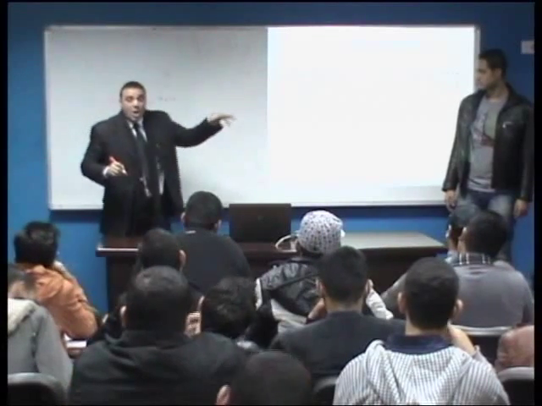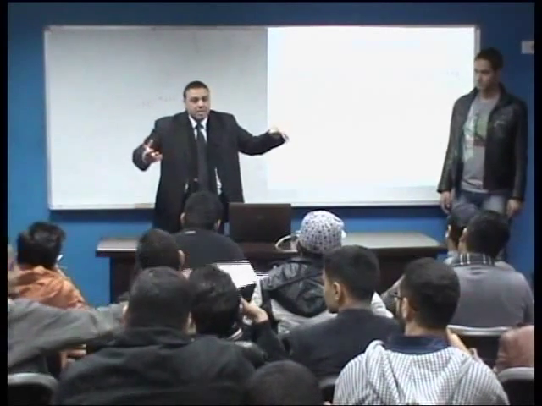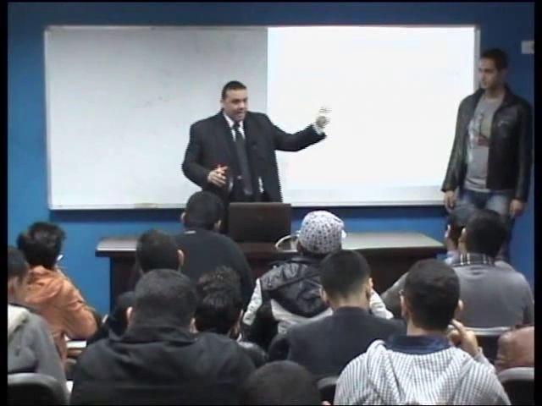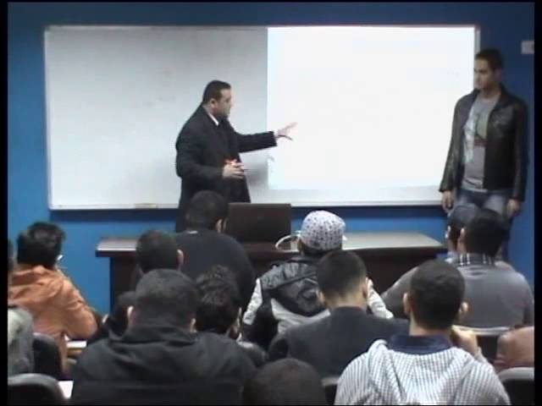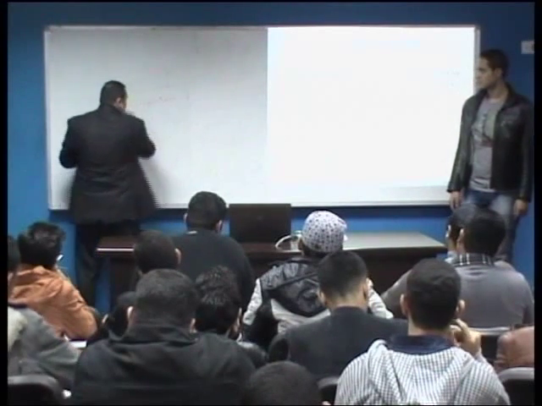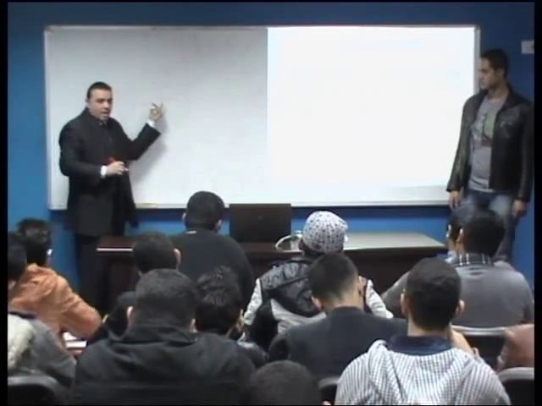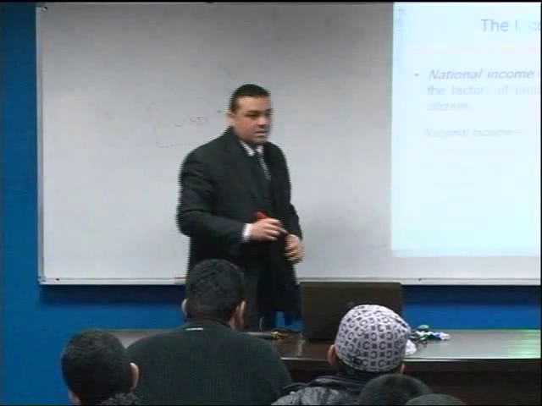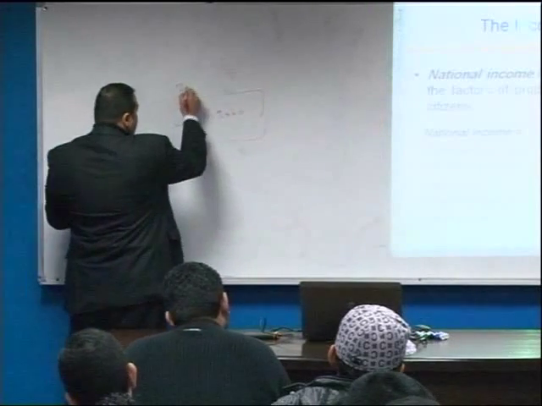Our assumption is that we work under a very simple economy, which means we have only two persons, or two sectors, in the economy. So Ahmed has a factory that produces cars, and the price per car is $9,000.